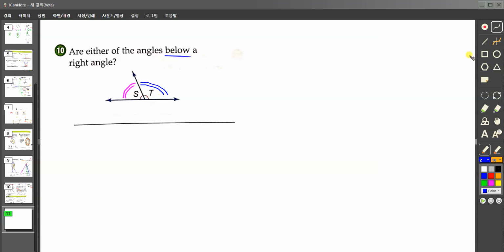Yes. We can say that when the sum of two angles makes 180, we call these angles supplementary. Supplementary.